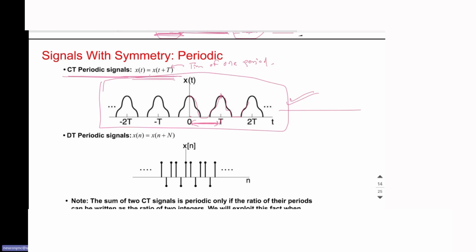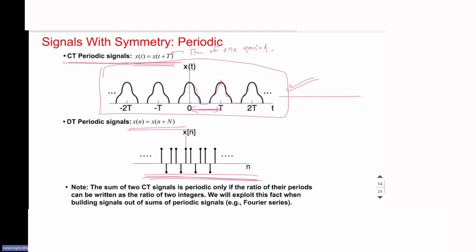Now, how do we say this for discrete time signals? A periodic discrete time signal can be represented in this form: x of n equals x of n plus capital N. Again, this capital N is the time period for one cycle, the number of samples in one time period.